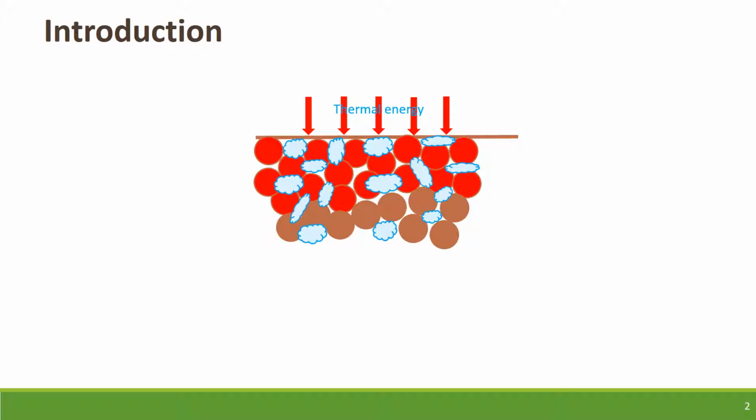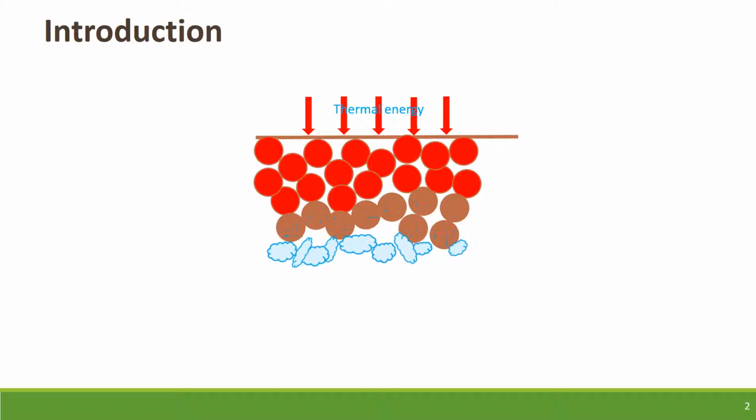In the process, the moisture or water molecules prevailing just adjacent to the soil surface will get evaporated, and the water molecules prevailing just beneath, in the subsurface zone, will have a tendency to go away from the heat source.